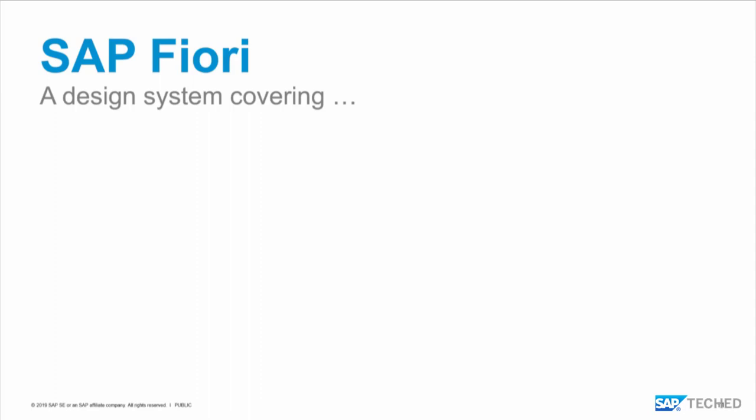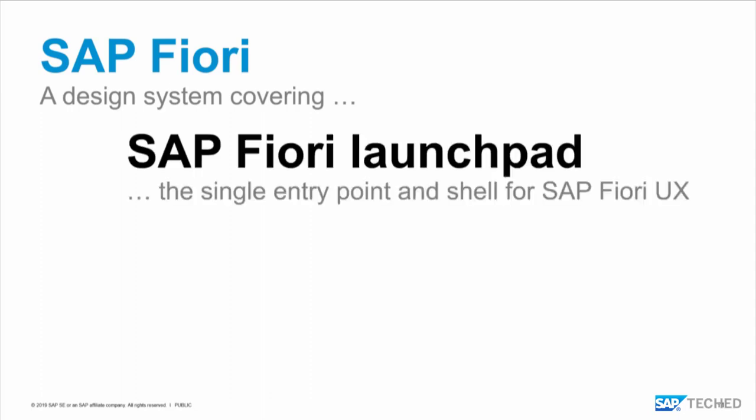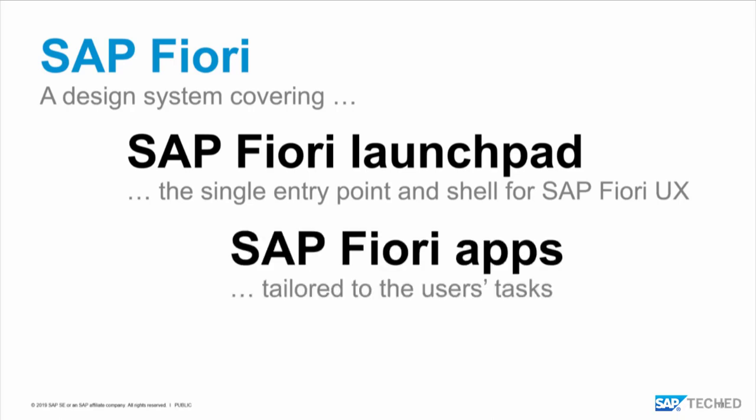That's important to understand. But what are now the key ingredients of Fiori for S/4HANA? The first key ingredient is the Fiori Launchpad. The Fiori Launchpad offers a shell as a single entry point into the Fiori world, and this shell offers some generic services like search, documentation access, etc. Then for sure we also have Fiori apps.